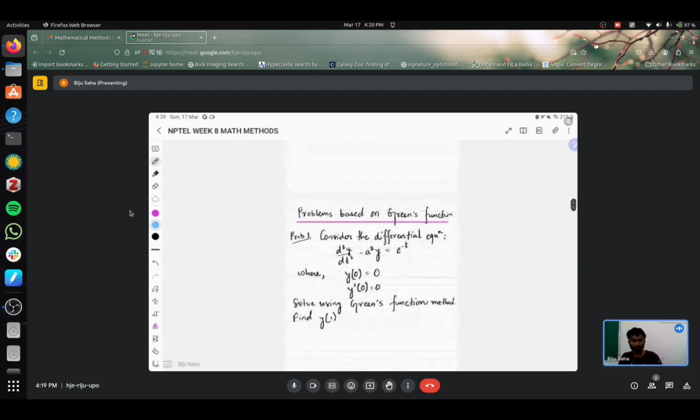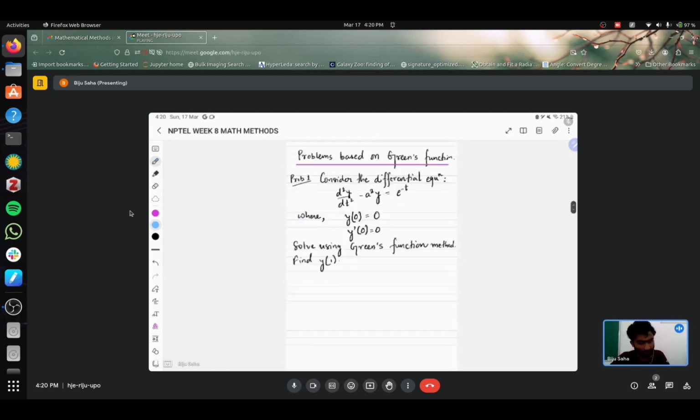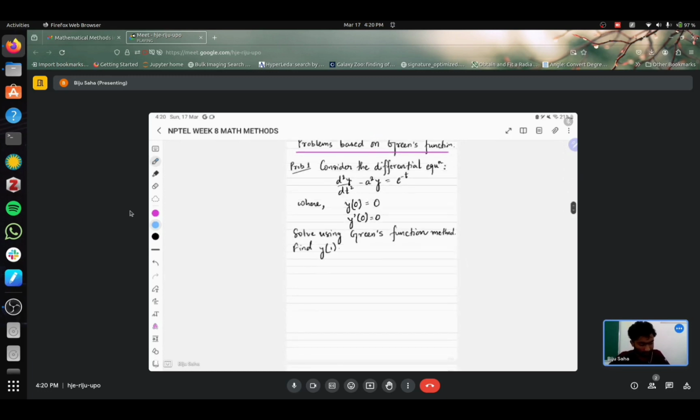With all those points in mind, let us come to the form of the differential equation that has been given here. I have d squared y by dt squared minus a squared y equal to e to the power minus t. How to solve this particular differential equation?